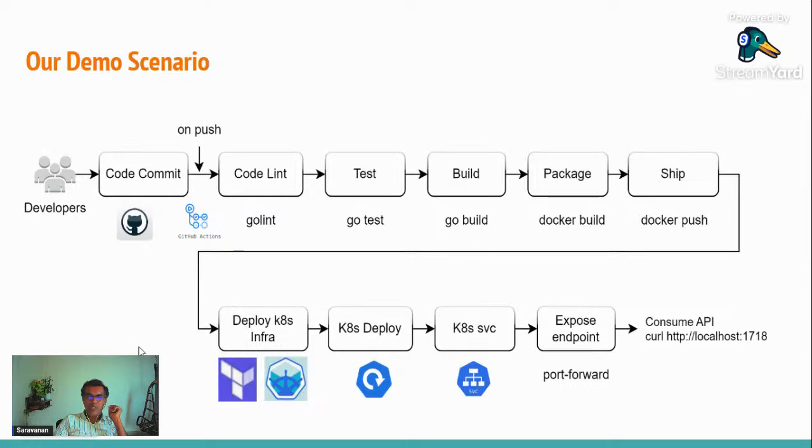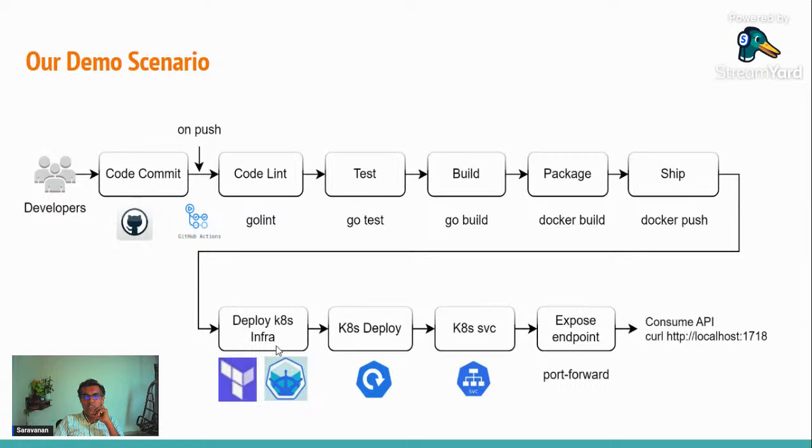And then comes the continuous deployment part, wherein I'm creating Terraform code to deploy the Minikube cluster, and I'm deploying the Golang application that was created as an image in the previous step, right? So it will spin up automated infrastructure in the Minikube cluster and deploy the Kubernetes deployment.